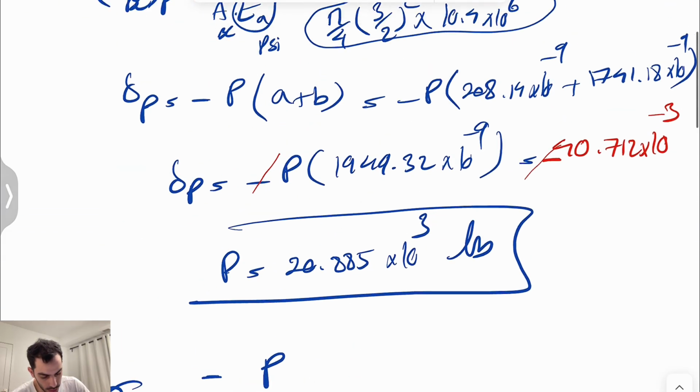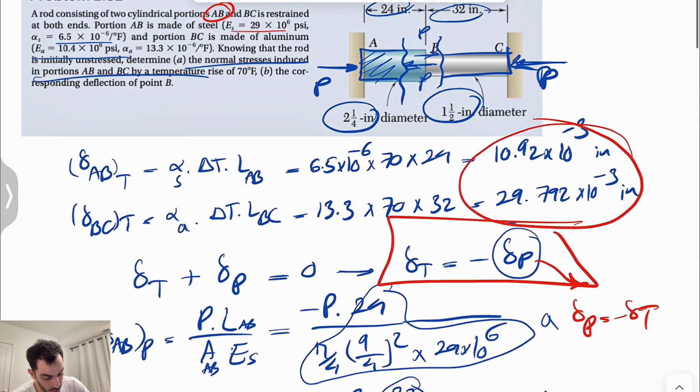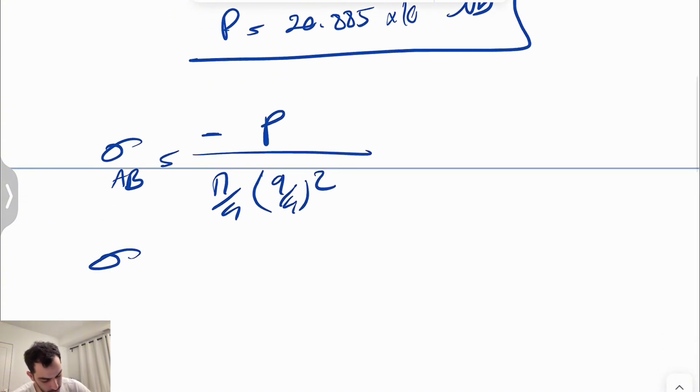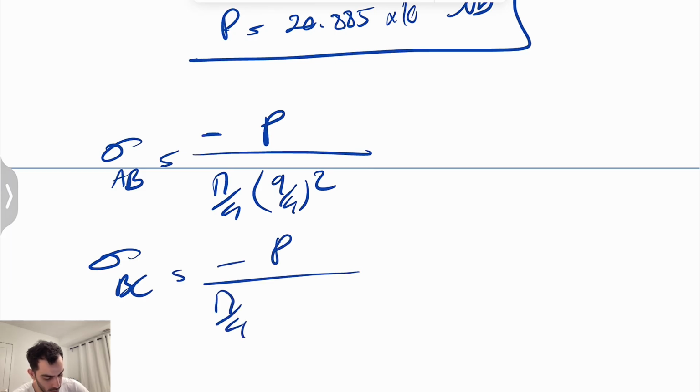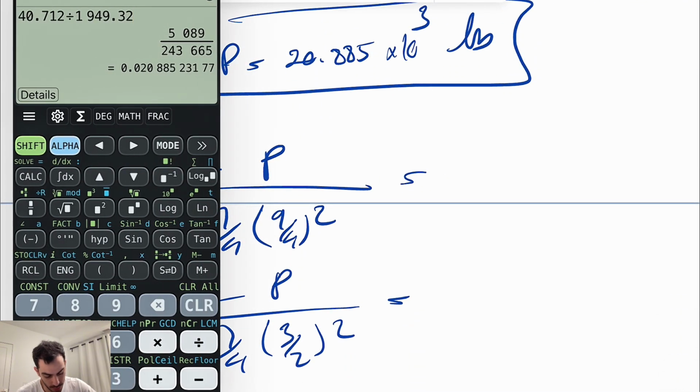I think for AB the diameter was 9 quarters, and for BC it would again be negative, same force, pi divided by 4, 3/2. This is going to give us the stress in each of them, which is the answer for part A.